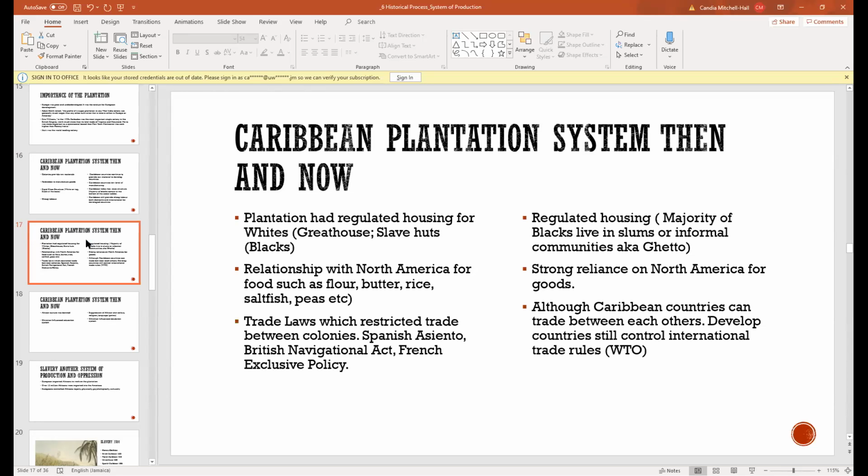I'm speaking in the case of Jamaica, but this is also the same in North America, in Brazil, or places in Central America, where the majority of the group that lives in the slums or the informal communities are Blacks. Blacks are still at the base.